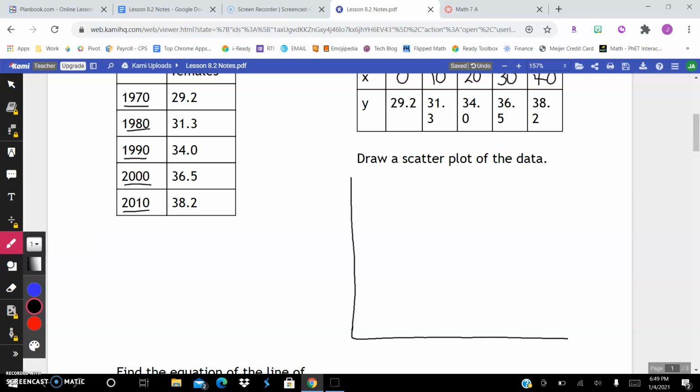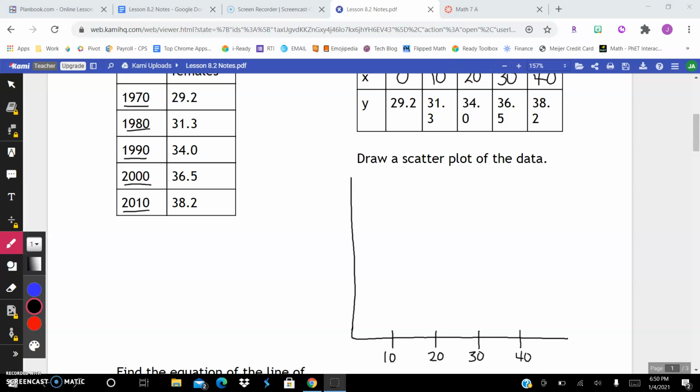So I'm going to do my best because I'm hand drawing here. So our x-axis is our years. So we have 10, 20, 30, and 40. And then for our y-axis, we are going from 29 to 38.2.